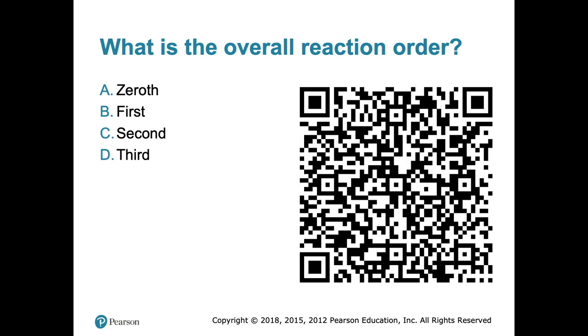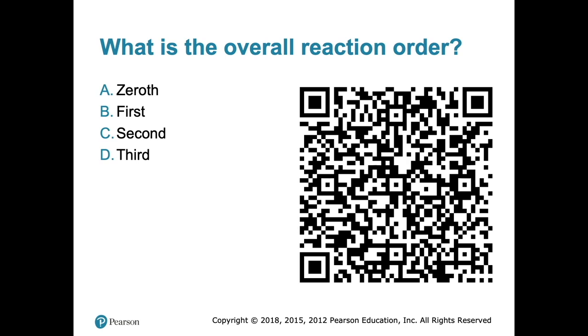All right, so let's see how everybody answered. This is one of those questions where I literally said the answer right before the question. I'm glad to see that the vast majority of you got that correct. The overall reaction order for the reaction we just talked about is C, second order.